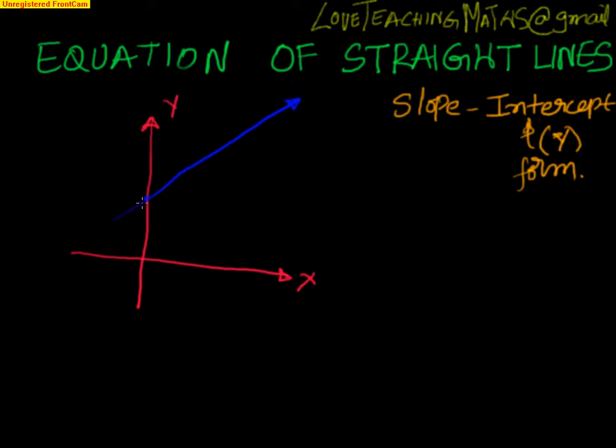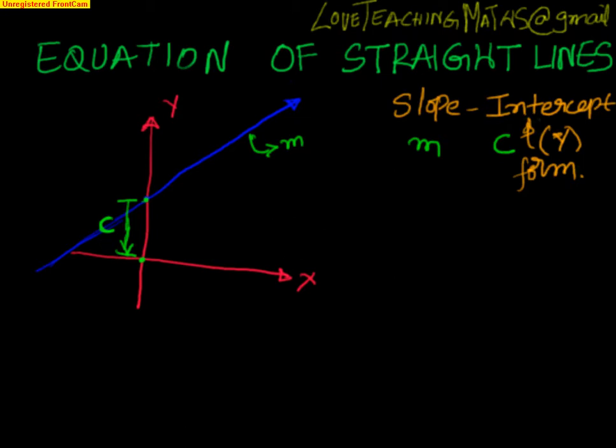Let us say the slope is m and the intercept is c. So this length is equal to c, this is my origin, and the slope of the line is m.